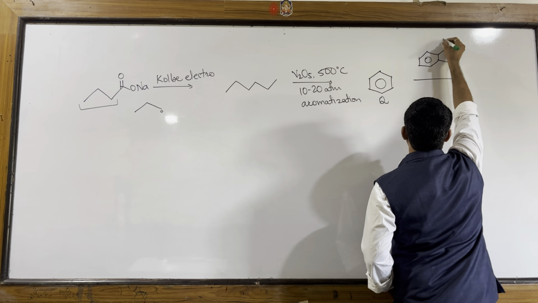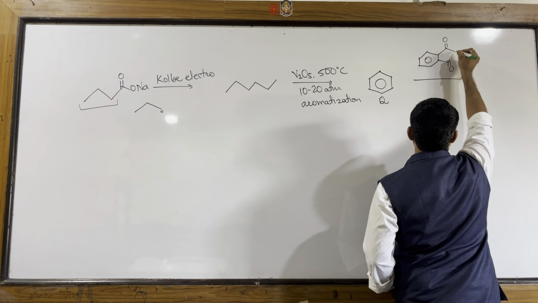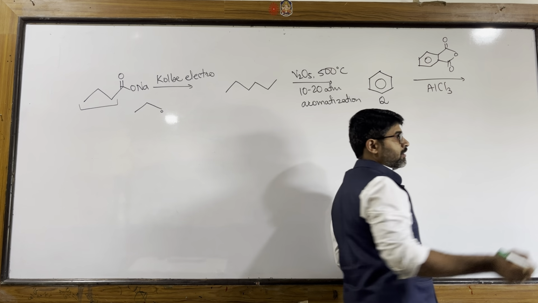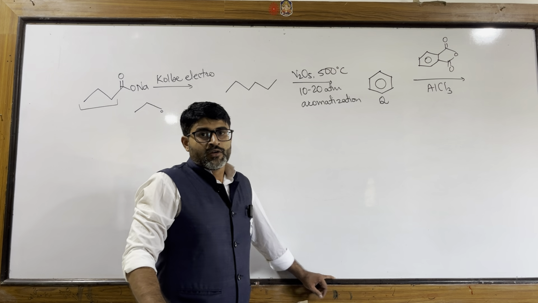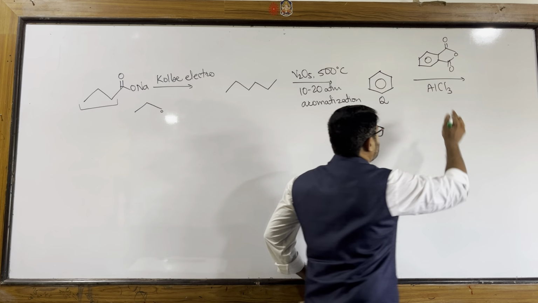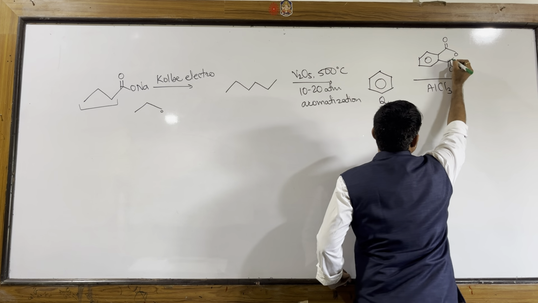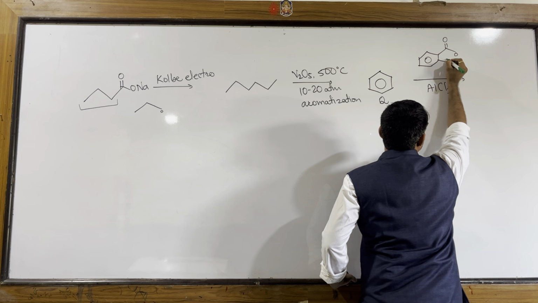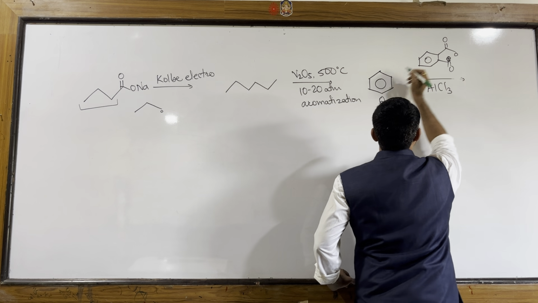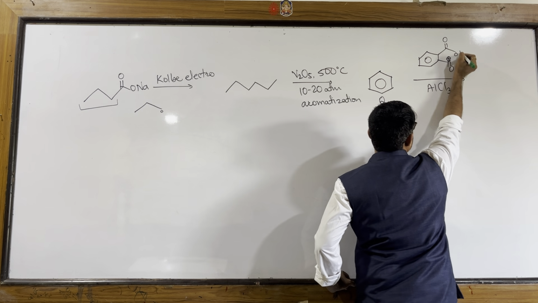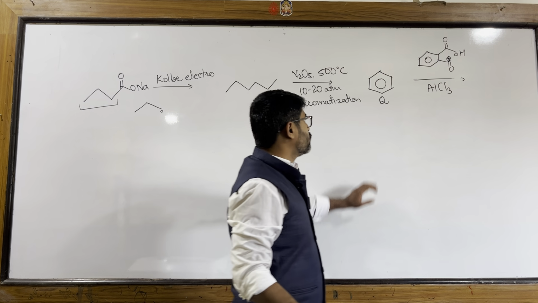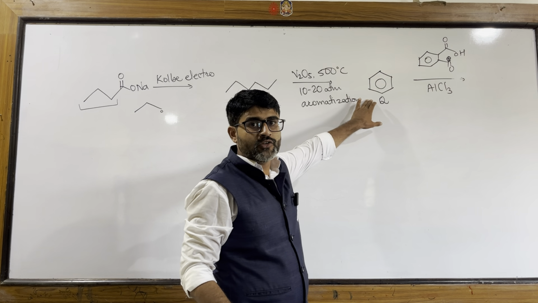This is a Friedel-Crafts acylation reaction. Here we will have a carbocation, and after the formation of product, the H is removed and we get one hydrogen here. So we have to do the Friedel-Crafts acylation.